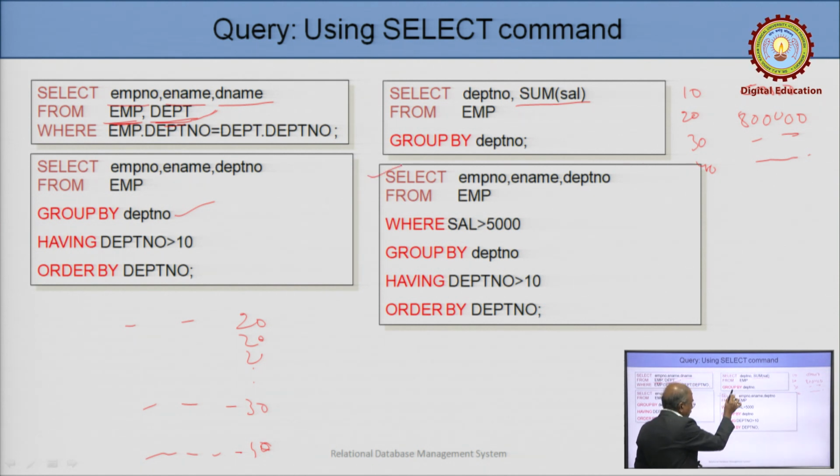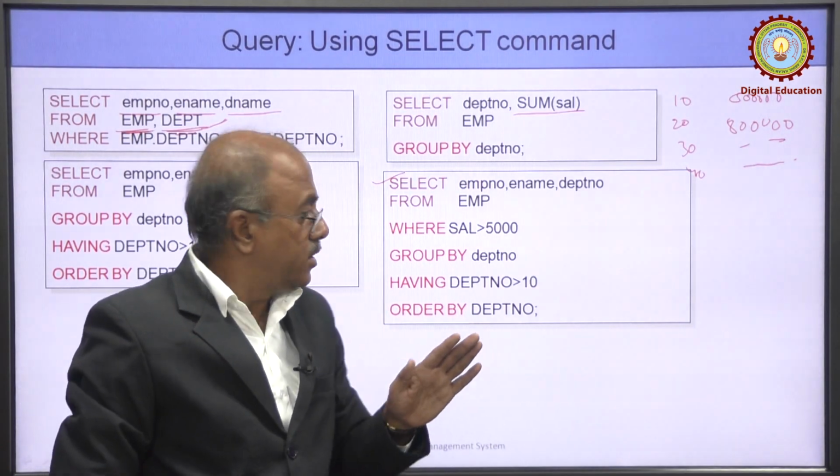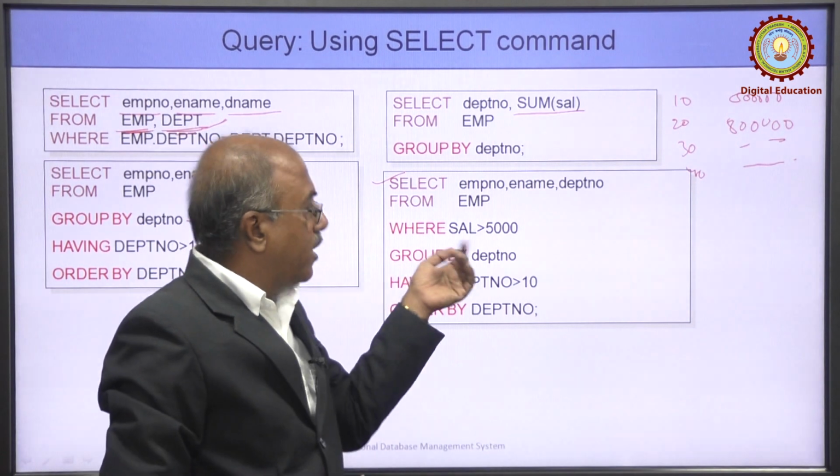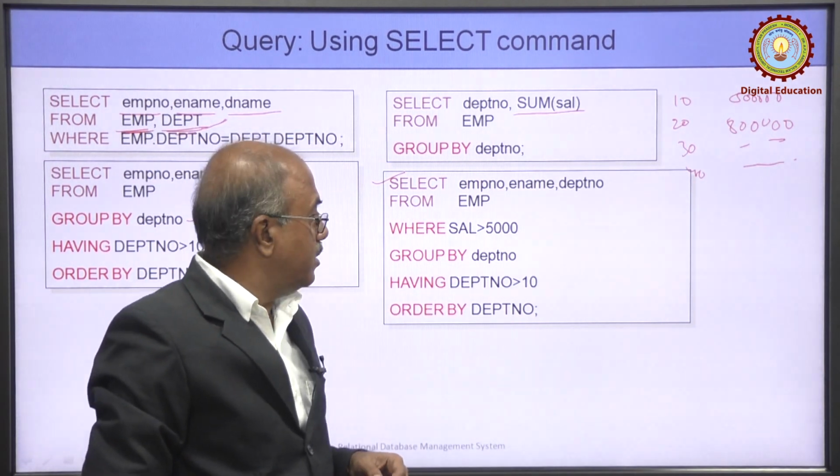Last, this query: select employee number, employee name, department number from EMP, these three columns, where salary greater than 5,000. So it will filter out all the records whose salary is 5,000 or less. Next, group by department number, so grouping will take place department number wise.